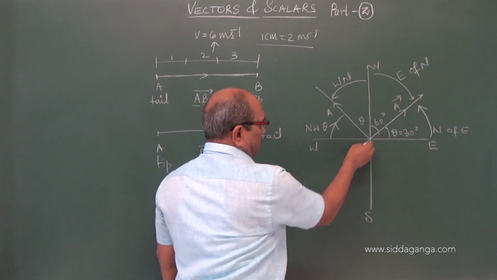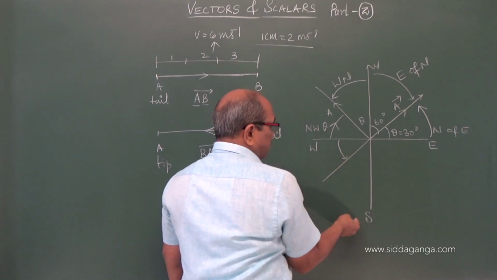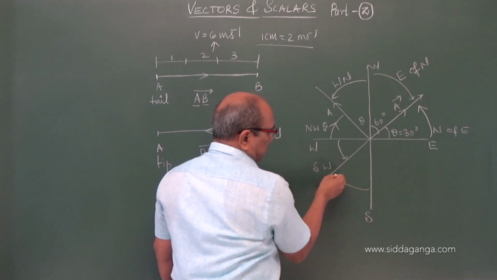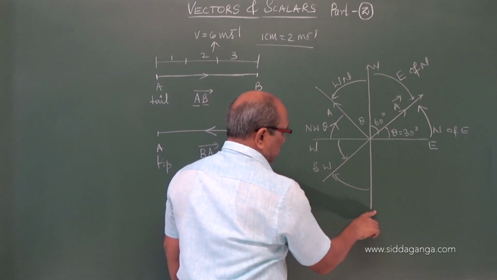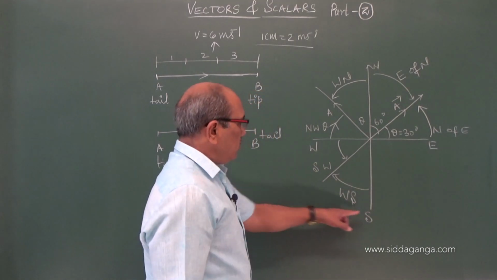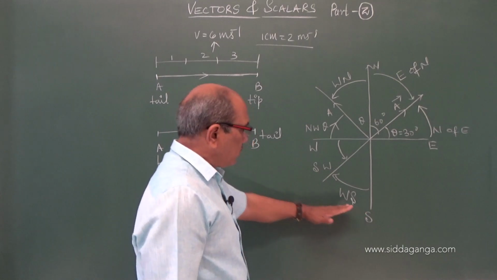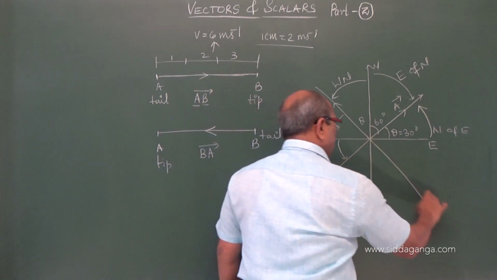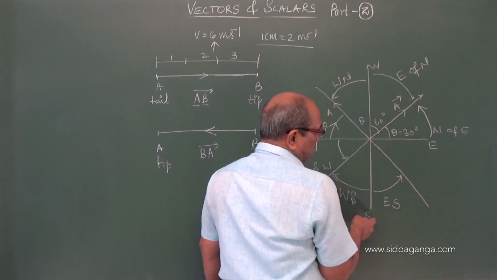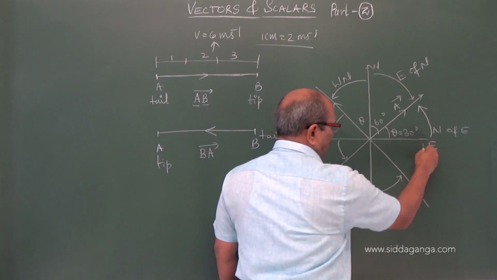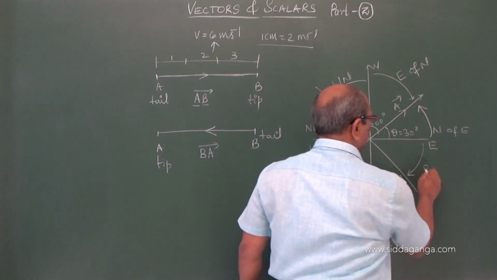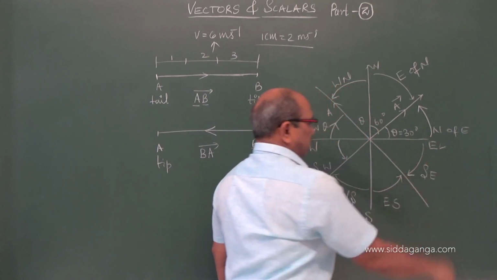Or it may be in this direction, coming towards this, south of west, or you coming in this direction, west of south. From here it is west of south, from south to west you have to move. And you come here, it is east of south. From the south you have to move towards east. Or if you are coming in that direction, south of east, from the east you have to come towards the south.